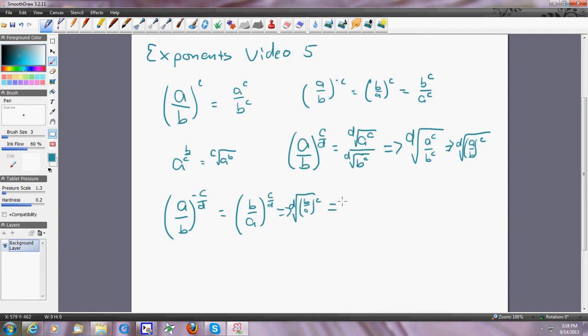Now I'm doing it in the right order, which is the d root of b to the c over a to the c, which is also the d root of b to the c over the d root of a to the c. Now that's kind of messy. Let me rewrite it so it looks a little bit more professional.